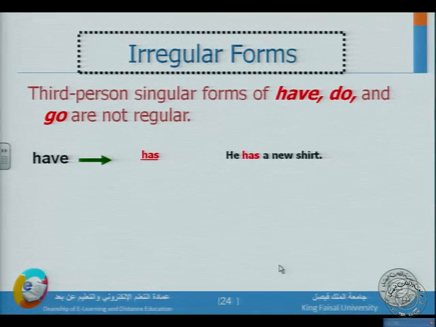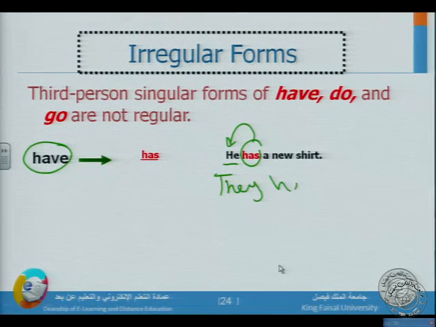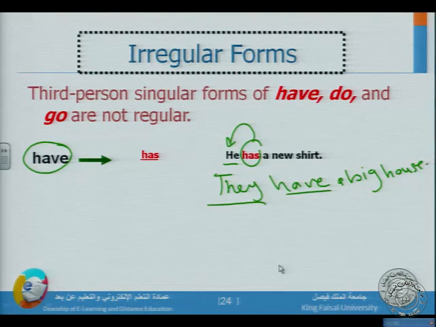So with the third person like he, we said he has a new shirt. We didn't say he have, because we said has; it takes it because it is singular. Whereas have we use with they: they have a big house. We used have because it is they. Okay.